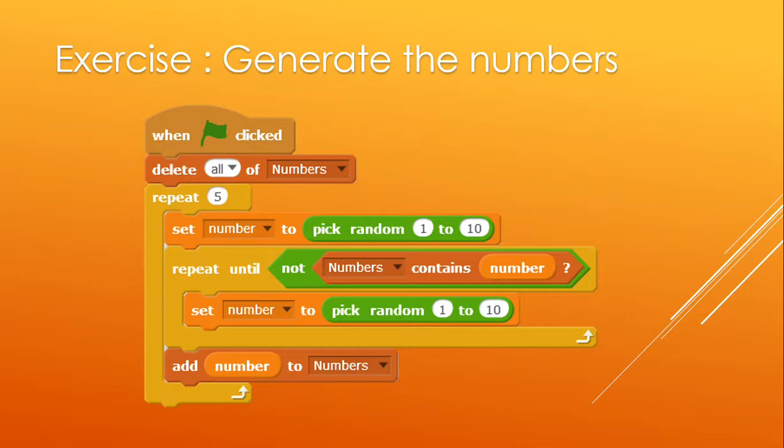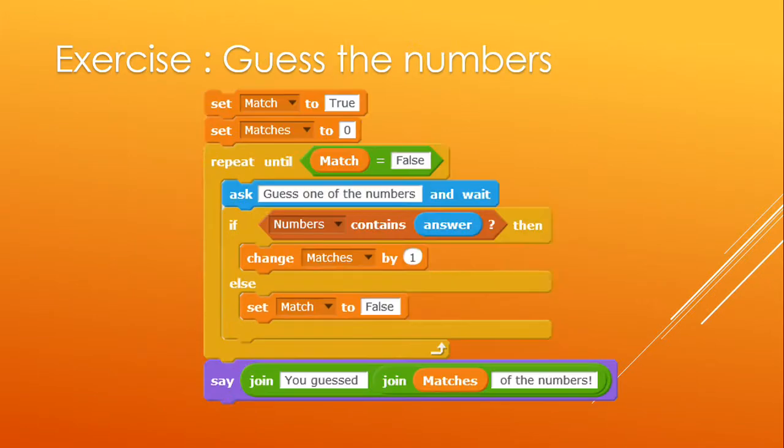Okay. Once you have the 5 answers, you then ask somebody to guess them. Guess the number. Match is just a flag variable, which we're going to set to true as the starting value, and matches is the variable that counts how many times we guessed right in a row. So now we're going to repeat until match equals false. Coming in, match equals true, so it says guess one of the numbers. You're going to guess the number, and say if numbers, my list that we populated earlier, contains the answer I've typed in.